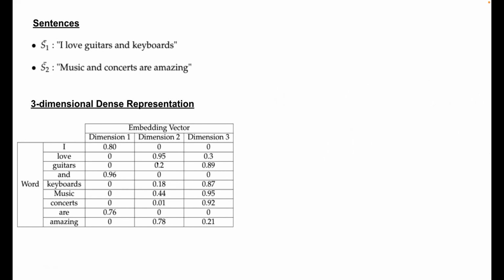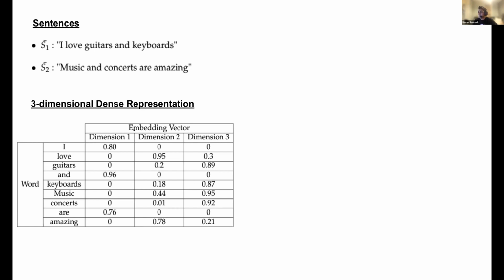Dimension 2, you have something around 0.2, and dimension 3, you have a high value. If you look at keyboards, you have a low value in dimension 1, something similar to guitars in dimension 2, and dimension 3 is something similar to guitars.